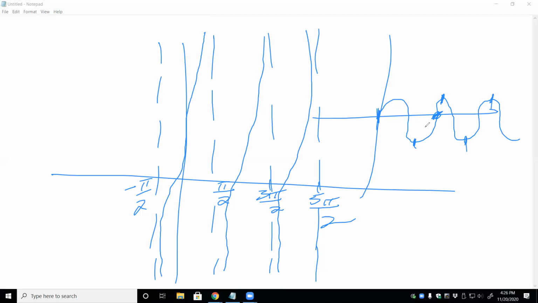So you can always tell the period by finding the distance between the peaks or the troughs. The x-axis crossings are a little strange, because that's where it's going down, so you have to find the next point where it crosses the x-axis and it's headed up, which is right there.